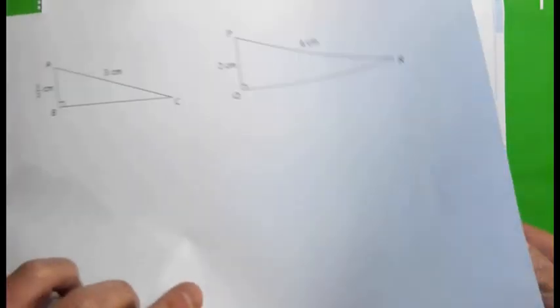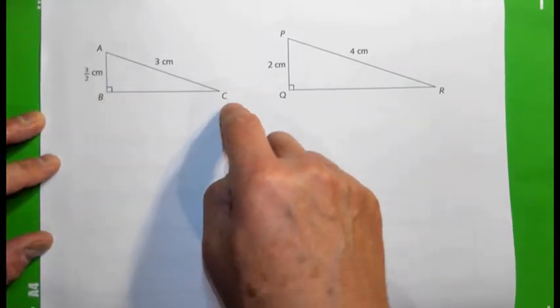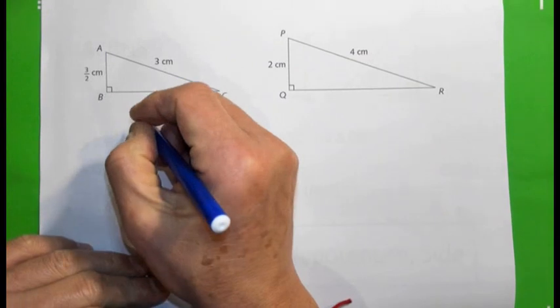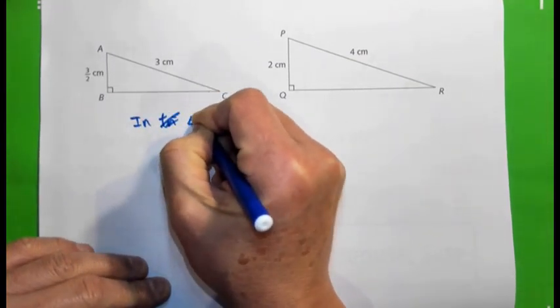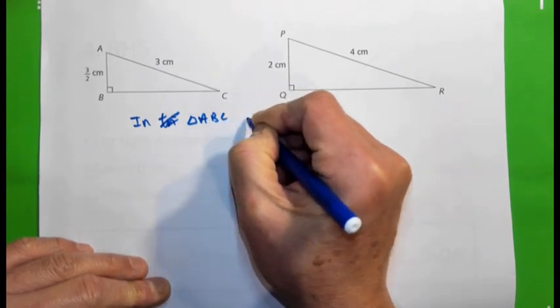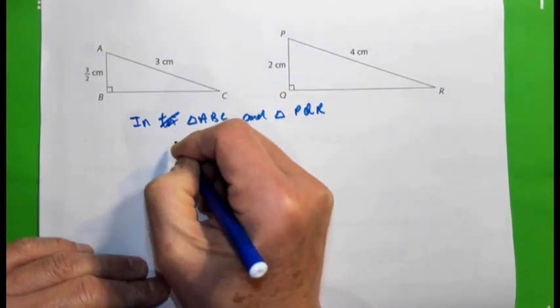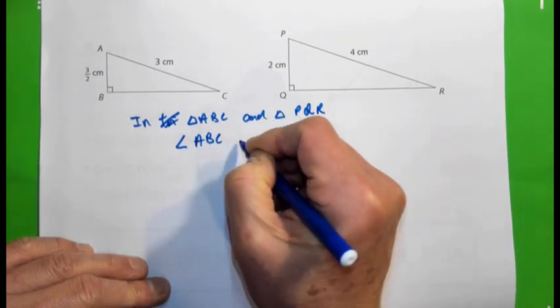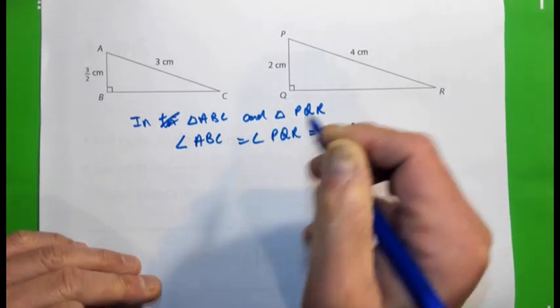We'll do a proof now. We've got triangle ABC, triangle PQR, right? So we can write in triangle ABC and triangle PQR, angle ABC equals angle PQR equals 90 degrees.